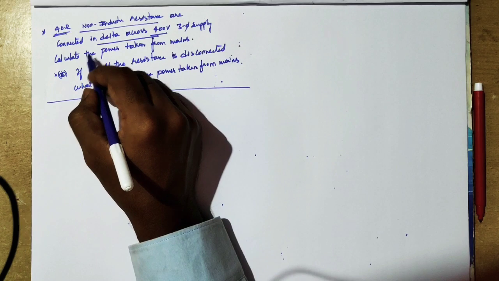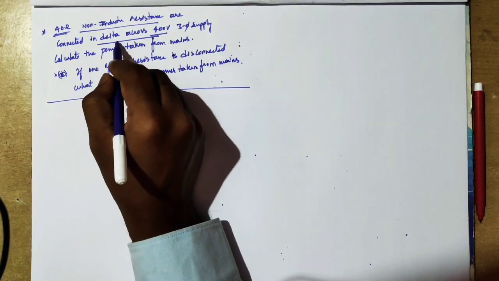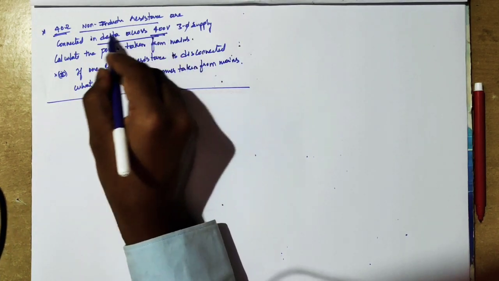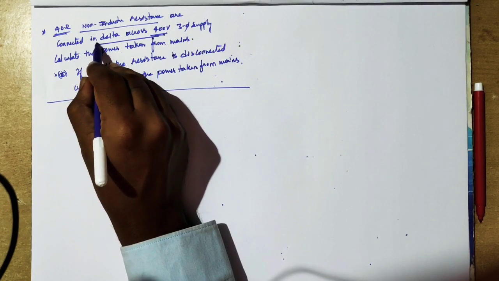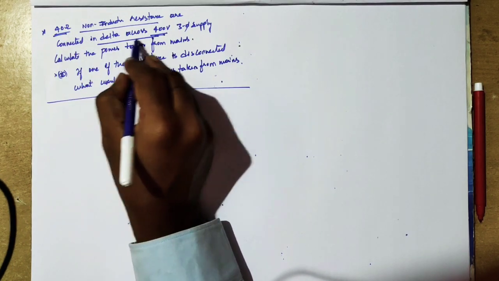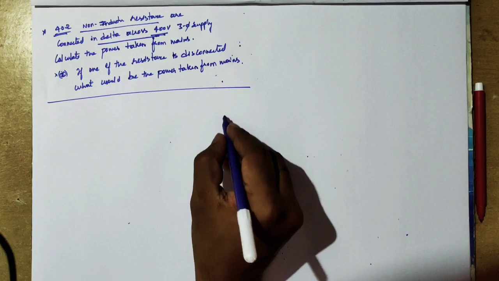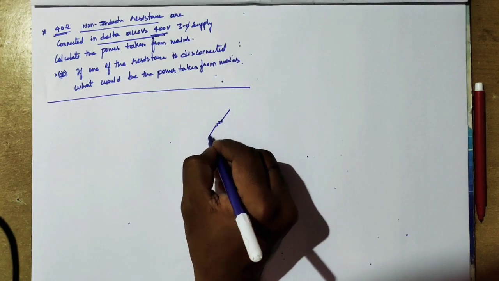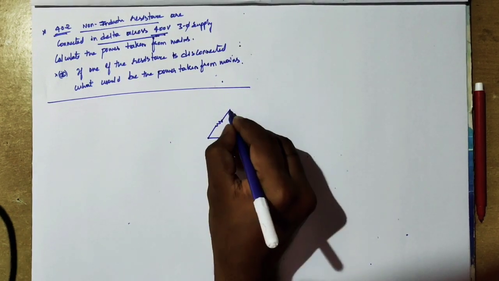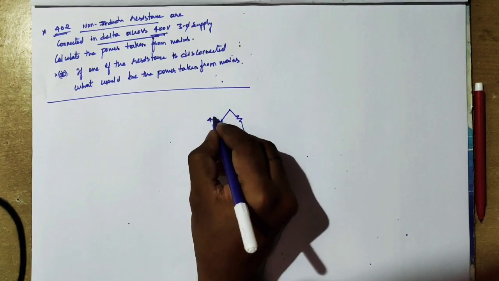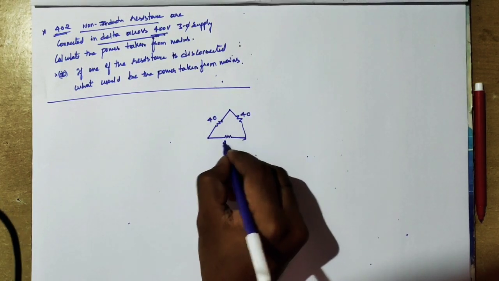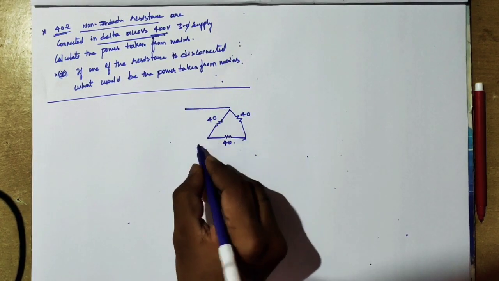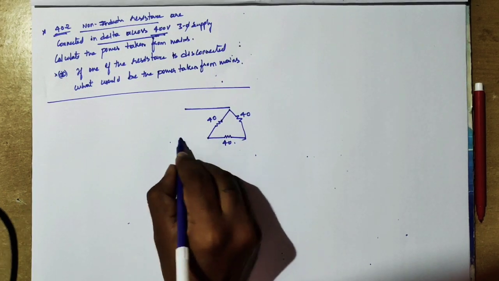Connected in delta means it is a delta load across 400 volts. So 40 ohm, 40 ohm and 40 ohm resistances are connected to the 400 volt line.